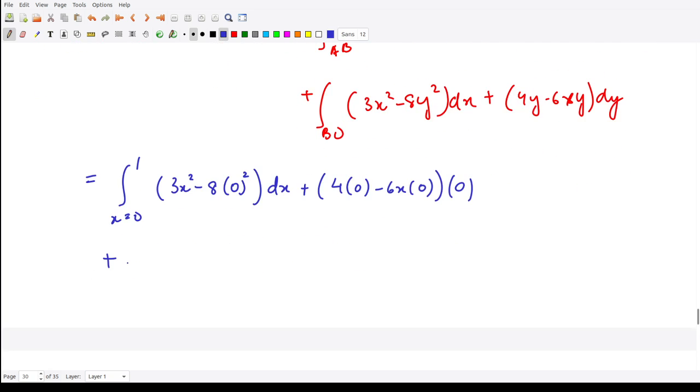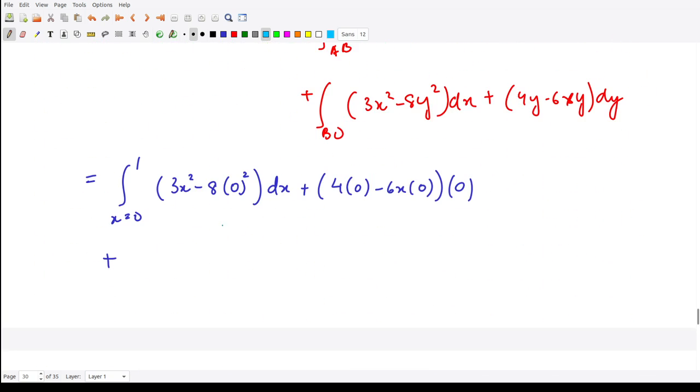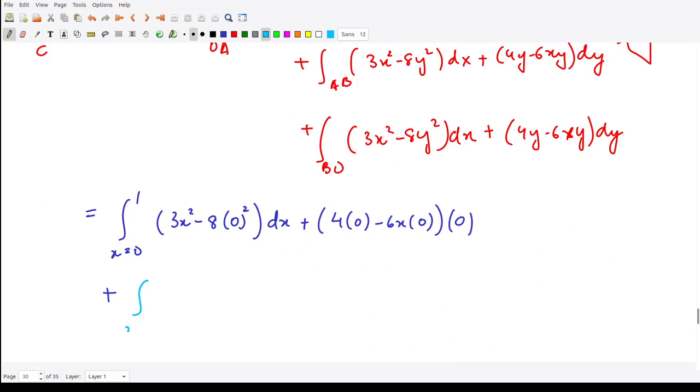For the second case, we have x varying from 1 to 0, and moreover here the value of y is 1 minus x and the value of dy is minus dx. So let's carefully write down these terms. So you have x varying from 1 to 0. The value of y was 1 minus x and the value of dy was minus dx.